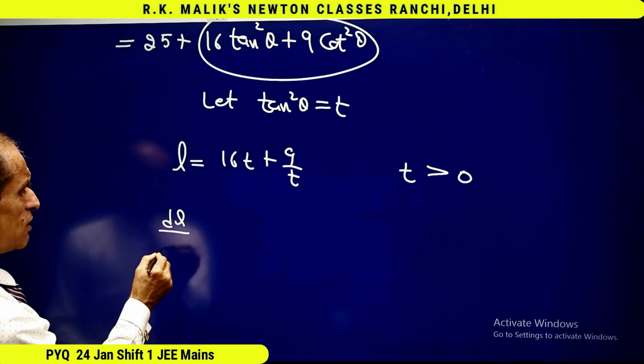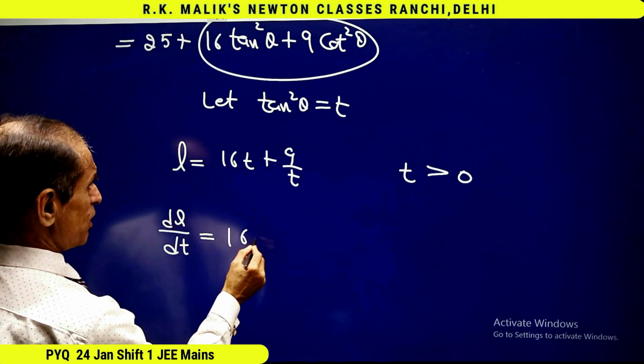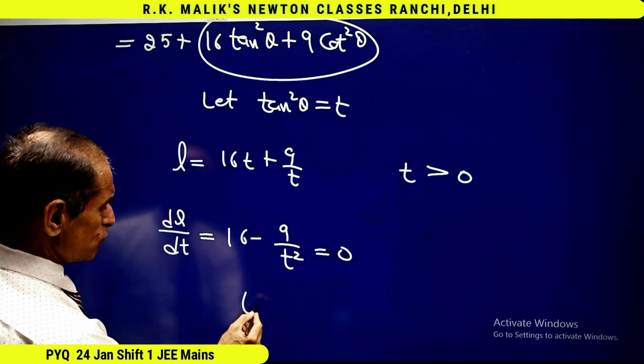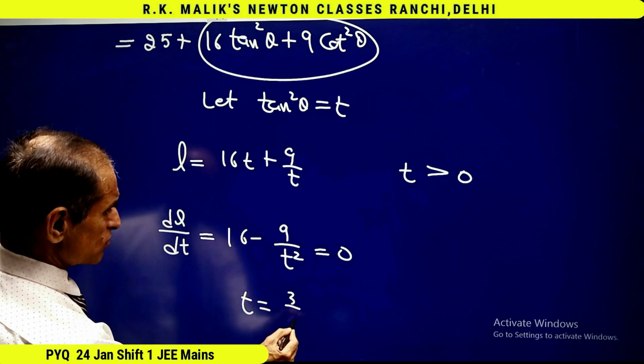Therefore, dL/dt will be 16 − 9/t². Putting it equal to 0, I get the value of t as 3/4.